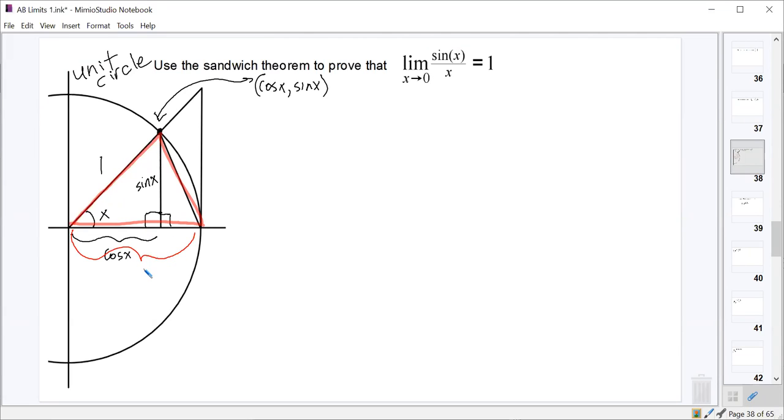We should know that base. That base should be what? One half sine x would be the thing because the base would be 1. So the area of the triangle in red, I'm going to write this here. It should be one half the base times the height, so one half of 1 times sine x.